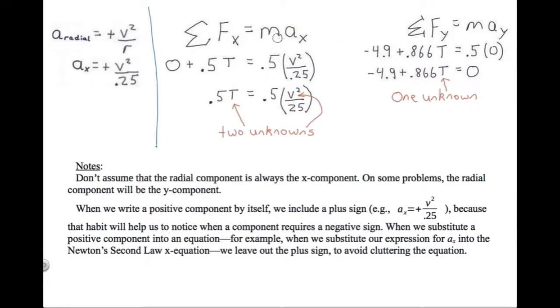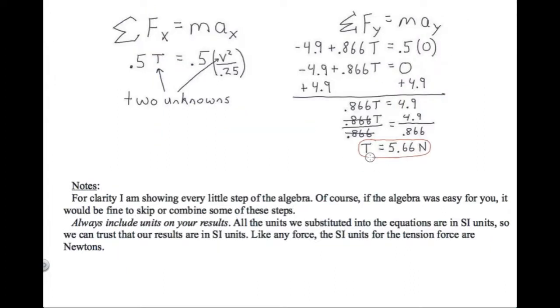The Newton's second law x equation has two unknowns, capital T and v, so we're not ready yet to solve the x equation. The Newton's second law y equation has only one unknown, capital T, so we are ready now to solve the y equation for capital T. Our result is that capital T equals 5.66 newtons.